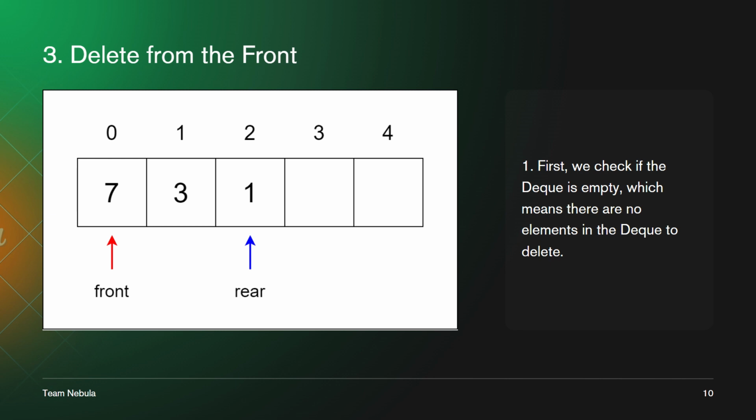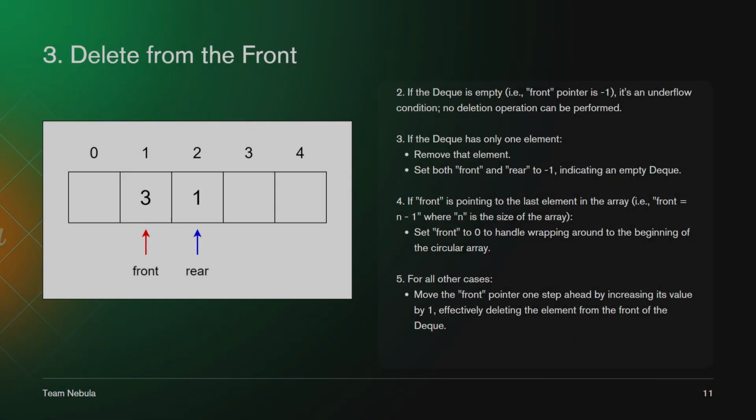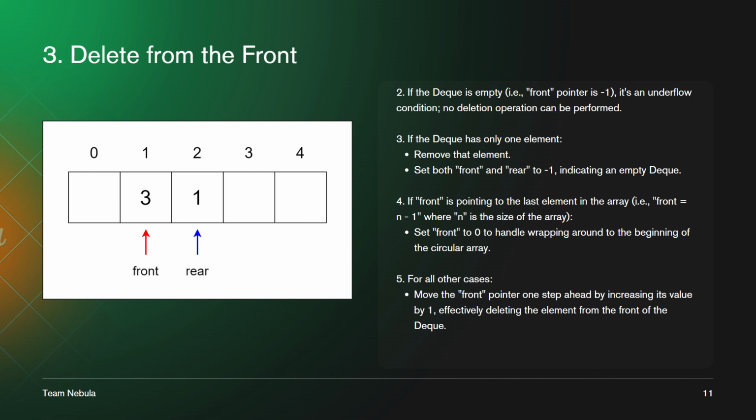Let's explore the delete from the front operation of our circular array based dequeue. When we want to delete an element from the front of our dequeue, we need to follow these steps. First, we check if the dequeue is empty, which means there are no elements in the dequeue to delete. If the dequeue is empty, which means if the front pointer is -1, we cannot perform the deletion operation, and this condition is known as the underflow condition.